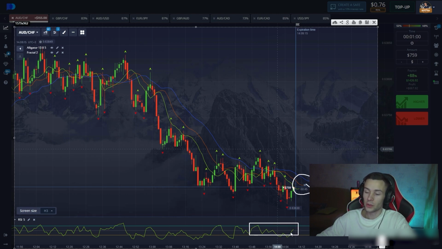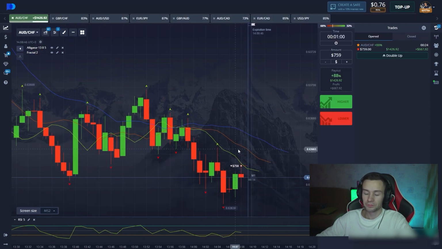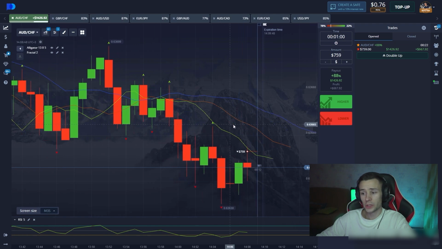Overall, according to the RSI, there is a small correction in this zone, exactly like we saw here and here. After that the price movement should go lower, and that's why we open a short position. There are literally 20 seconds left before the closing.